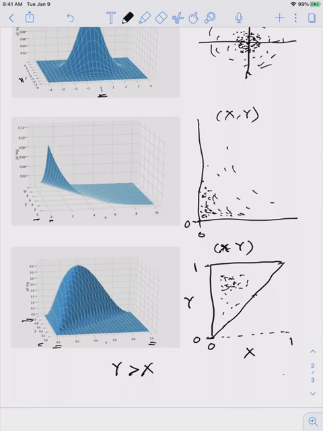There's no density and hence no probability elsewhere. And so if y is always bigger than x, you can conclude immediately that x and y are not independent.